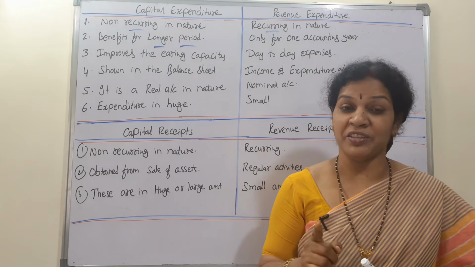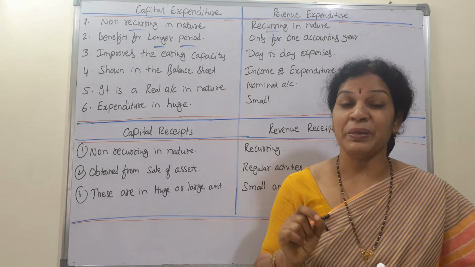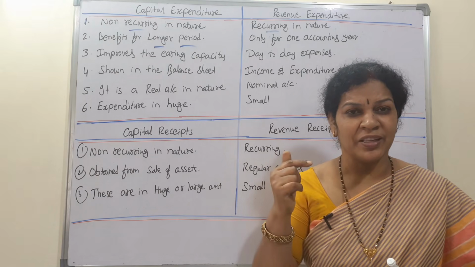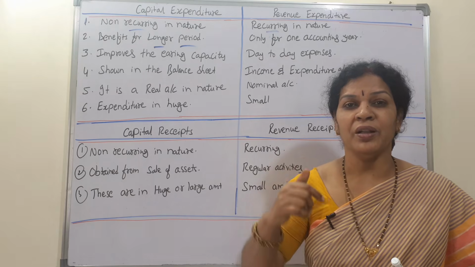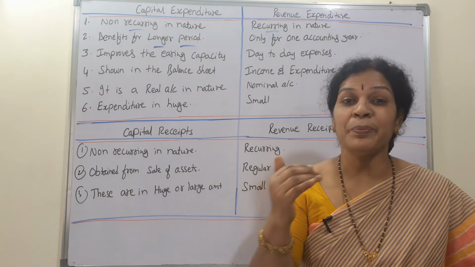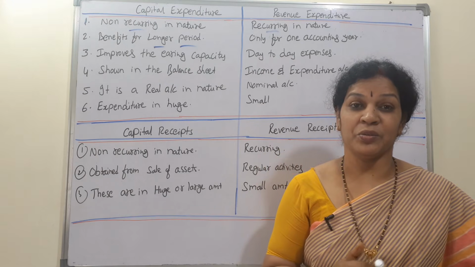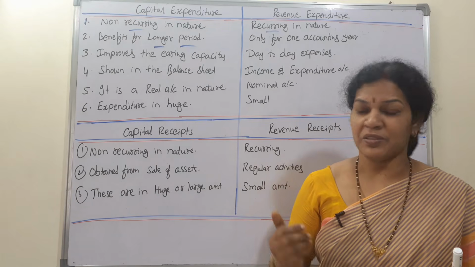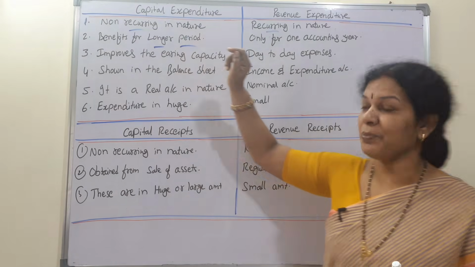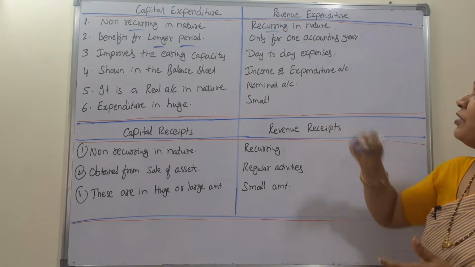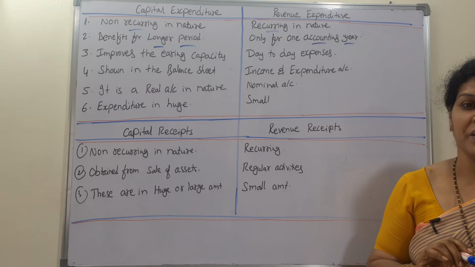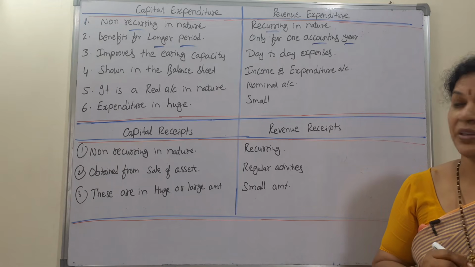So advertisement, preliminary expenses we say. Preliminary expenses means the expenses which are useful to advertise the product of the company. So the benefit will be for a longer period, and here it is only for one accounting year or below, not a long period.